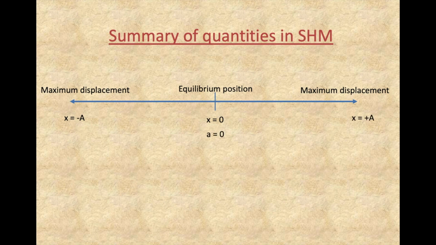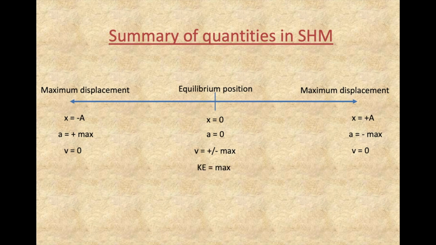At the equilibrium position, acceleration would also be 0, and at the amplitudes, acceleration would be maximum in the negative direction of the displacement. At the equilibrium position, velocity is forward or backward maximum value. At maximum displacements, that's where the motion changes direction, and that's obviously why the velocity is 0 at maximum displacements.